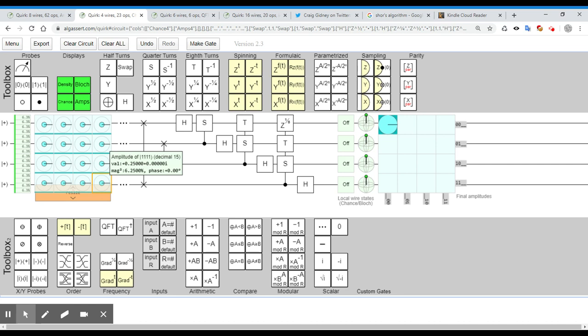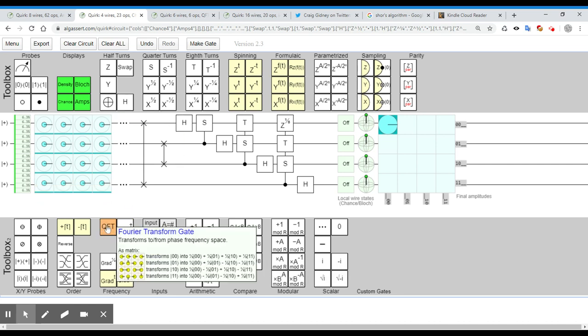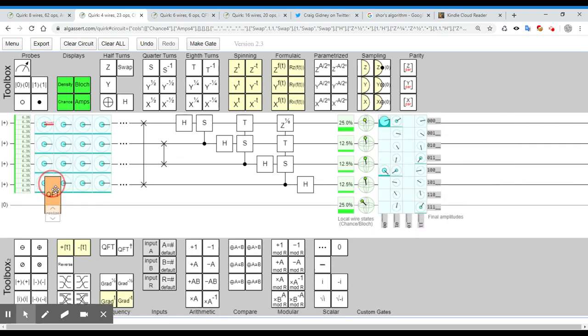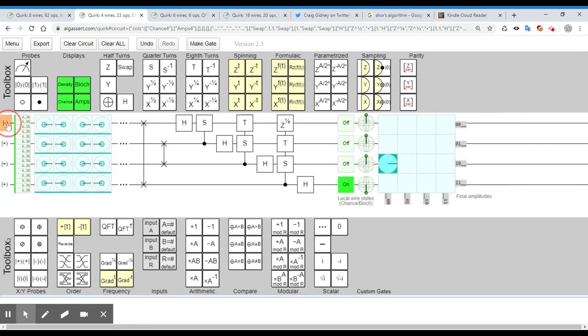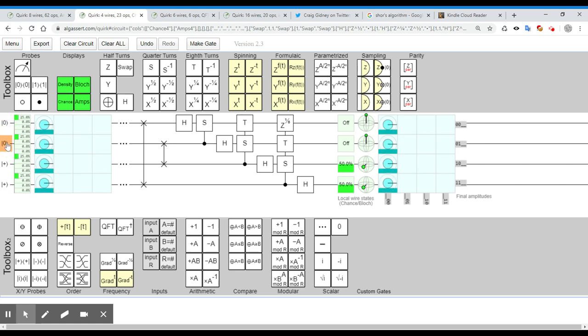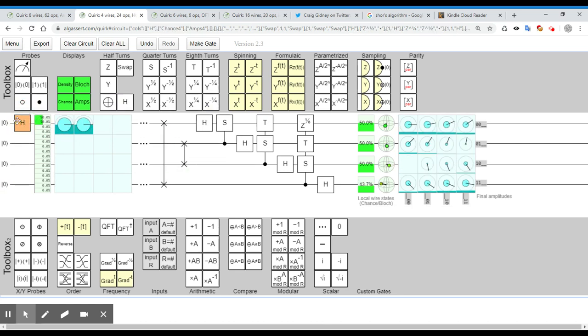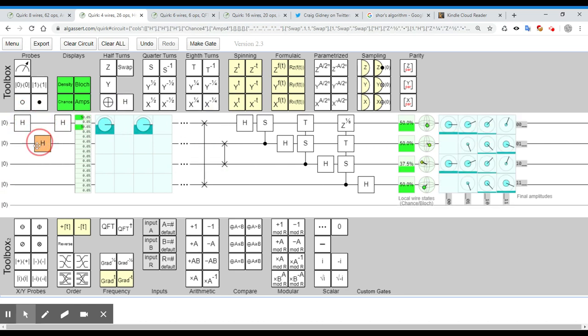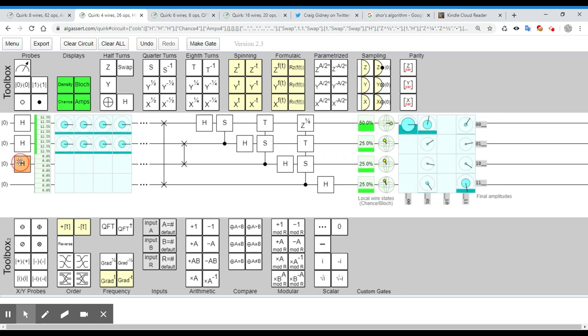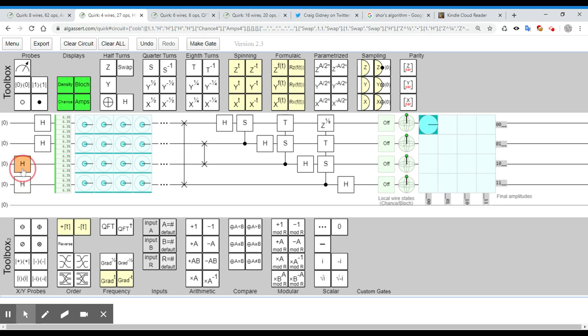Let's use the QFT to encode a... Sorry, let me go back to 0, 0, 0 because it's going to make it easier to then put Hadamards in here. That's how we are gonna do it. Okay, so that's how you get that.